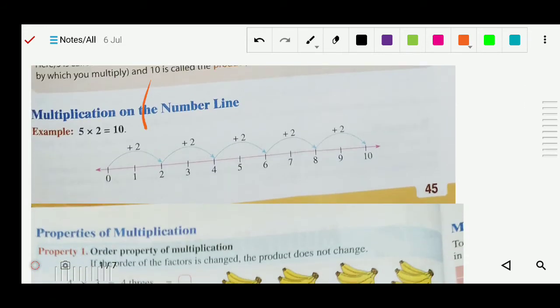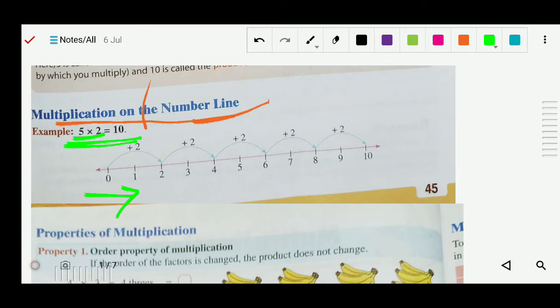Now this multiplication is possible with the help of a number line also. Say 5 into 2. What does it mean? It means 5, 2 times. From 0 we start, because 5 and 2 are positive numbers, and we move to the right side.